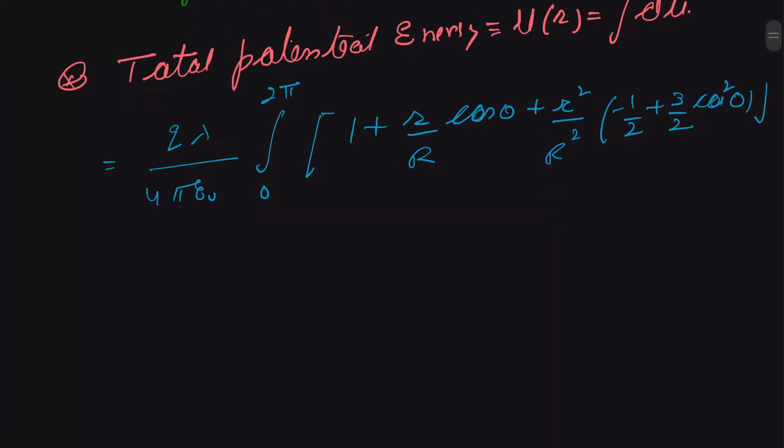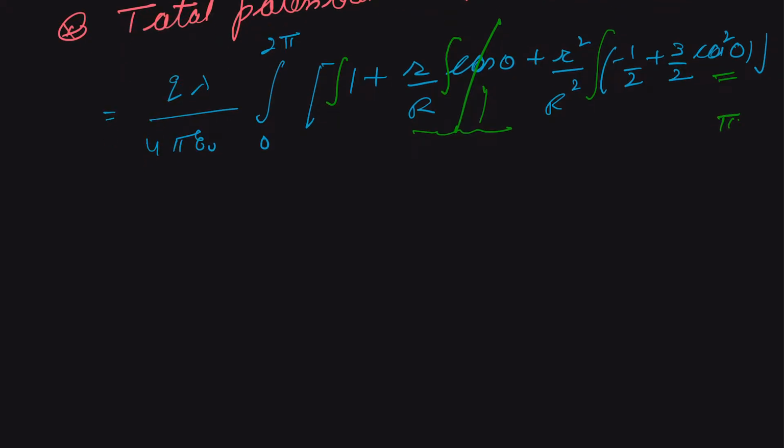So obviously the integration will be taken individually over this part as well as over this part. Okay. And the integration of cos of theta will be equal to 0, so this will be just gone away. And cos square theta will give us pi.